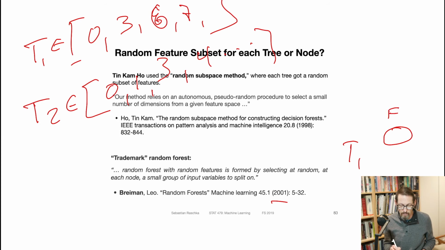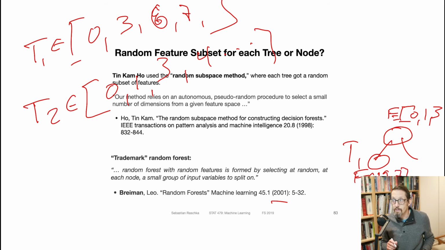So we're going to get a feature set for node 1, which is 0, 1, 3, blah, blah, blah. And as we're building the tree, we build the next node, and we get a different set of features, which is going to be 1, 9, 7, etc. Now, I drew right underneath my head again. So that's the random forest.